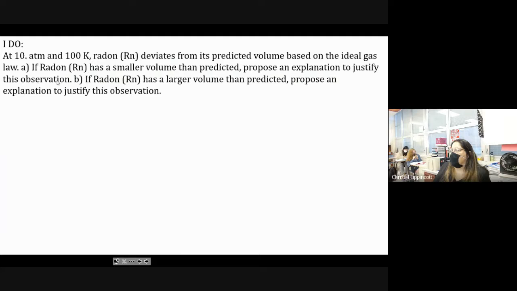Yeah, it's getting closer together, and therefore it's going to act less ideally. If radon has a larger volume than predicted, what are you going to see? Is it going to act more like an ideal gas or less? More, because the particles are further apart.